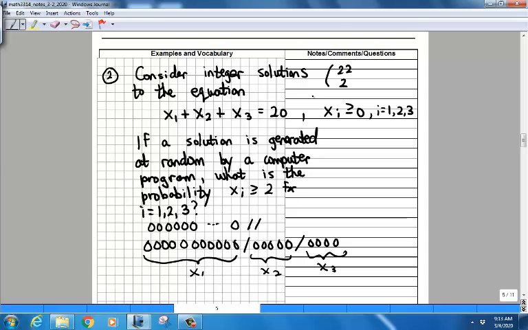And then the rest of them have to be zeros. So you get 22. I can use a binomial coefficient in this case. So you get 22 factorial over 2 factorial times 20 factorial. There it is. There's the number of non-negative solutions to that equation.